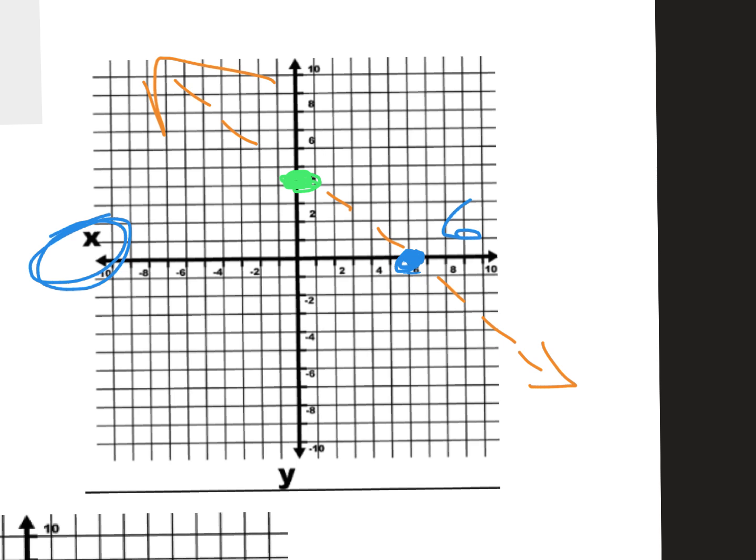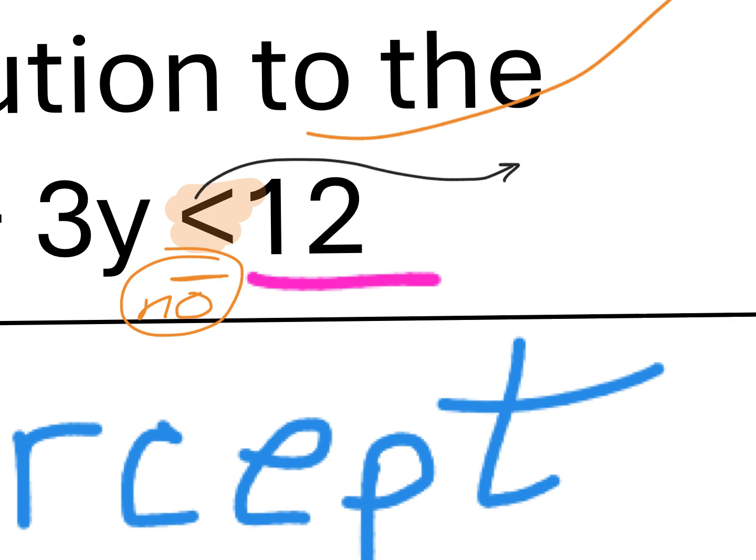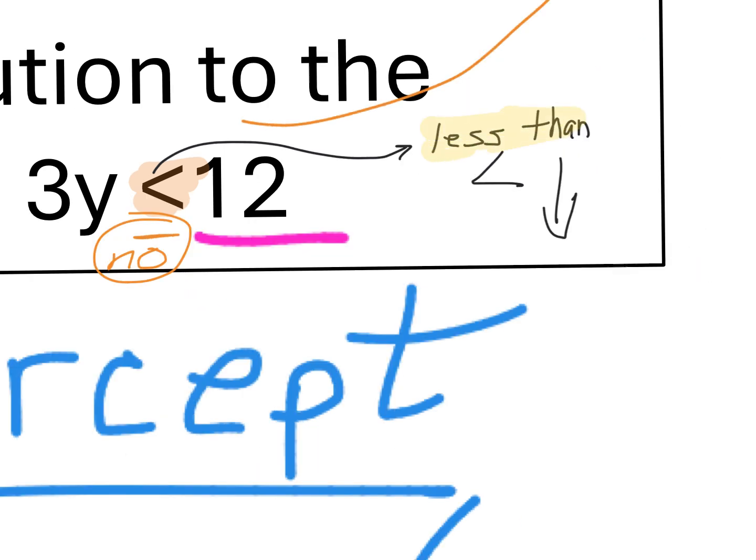Finally, we need to decide whether we're going to shade above the line or below the line. And because the inequality symbol is a less than, remember this is a less than. Less than means that we shade down. So because the inequality symbol has a less than, we're going to shade below the line.